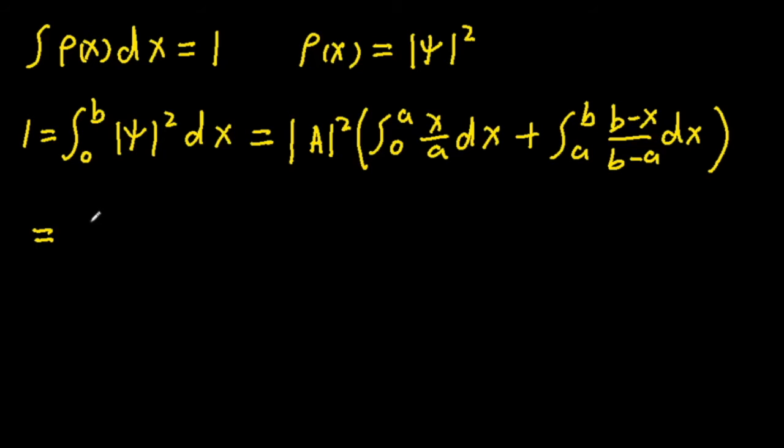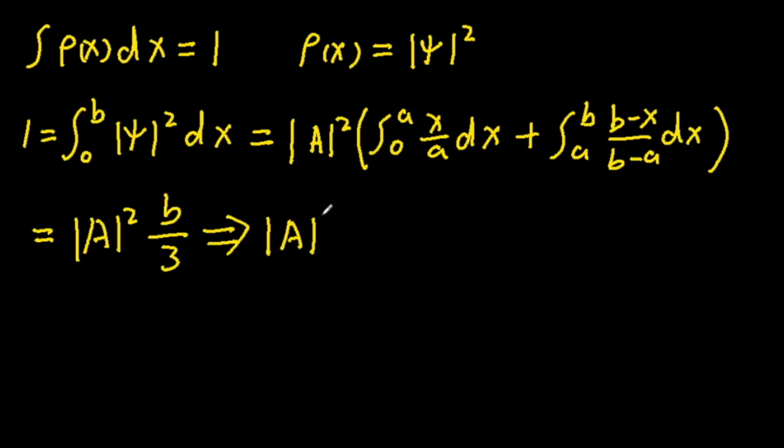Which is the squared absolute magnitude of capital A times b over 3. So the squared absolute magnitude of capital A equals 3 over b.